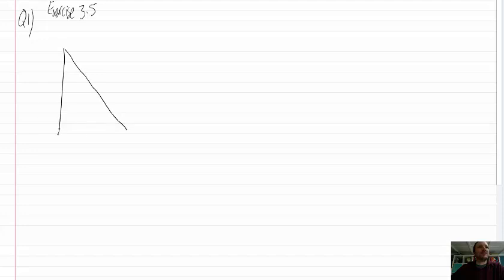So this is question 1 of exercises 3.5. So we're going to assume that we've got this wing. It's a roughly triangular planform. The wing area is 28 meters squared.